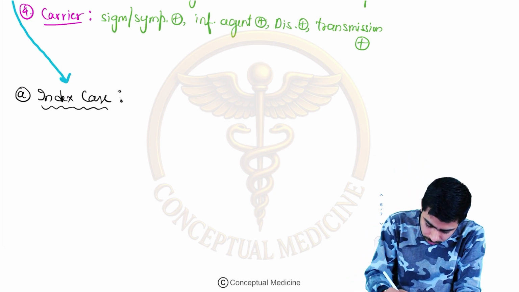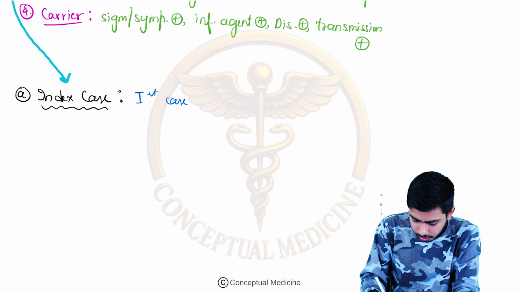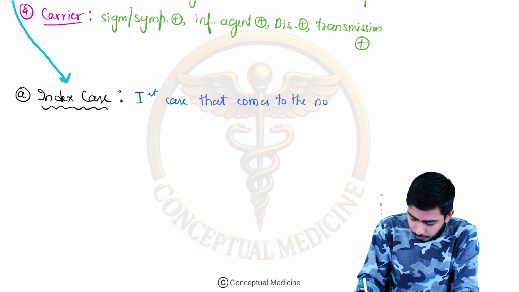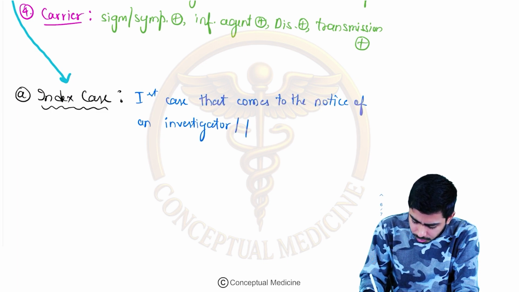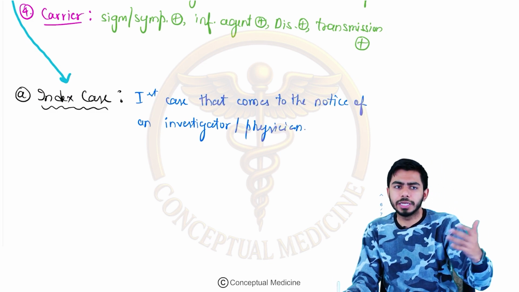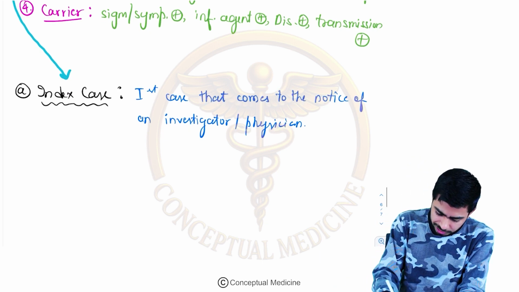So this is the first case which comes to the notice of an investigator, or you might say physician. For example, you saw the first case of dengue fever, that would be your index case. That is just an example.